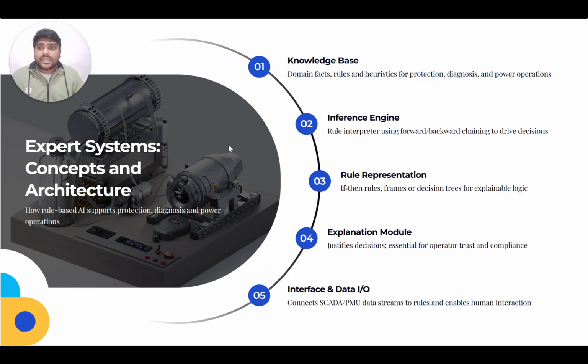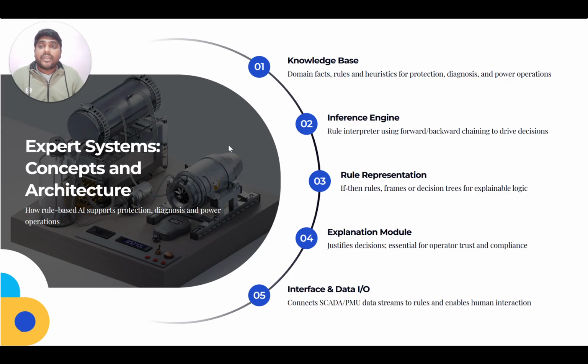Next, expert system concept and architecture. One of the earliest forms of AI applied to power systems is the expert system. It starts with a knowledge base: the domain rules and heuristics provided by experts. An inference engine applies logical reasoning using forward or backward chaining to arrive at decisions.